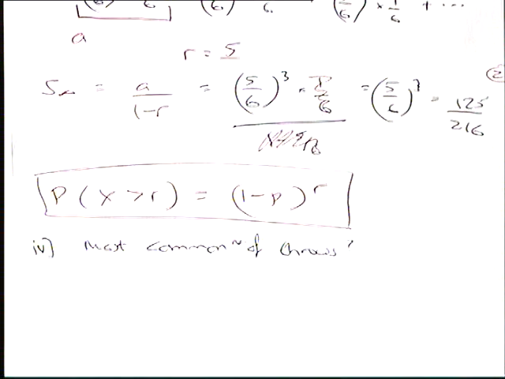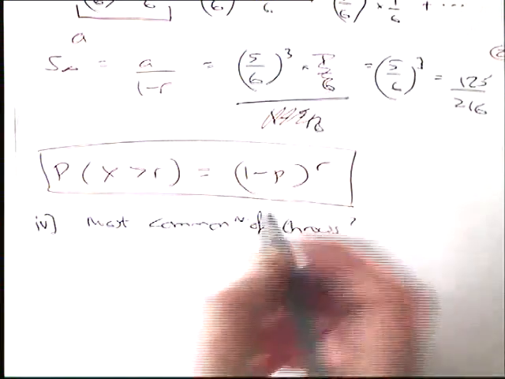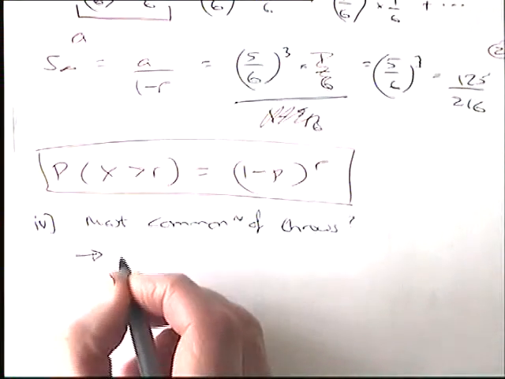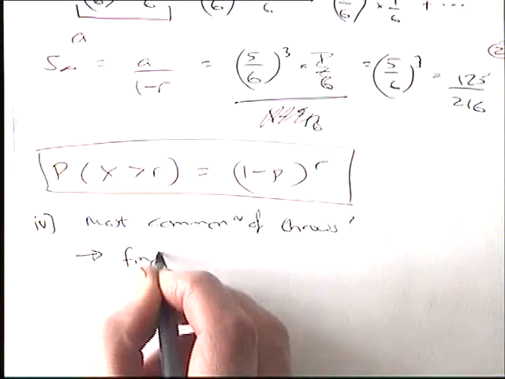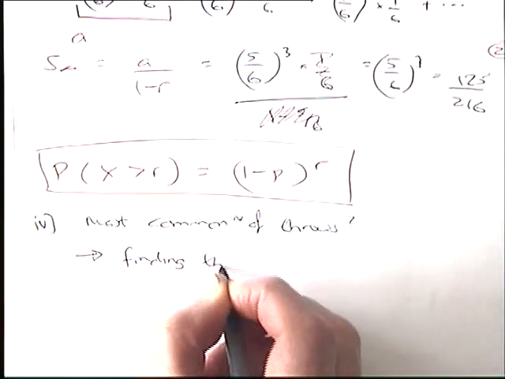Well, yeah, certainly. You're looking for the highest probability and what x value went with it. You'll have a probability for x is 1, probability for x is 2, probability for x is 3, and so on. It'll be x is 1 because you haven't been in fact no, you're right, it's x is 1. The most common number of throws, that is the same as finding the largest probability.